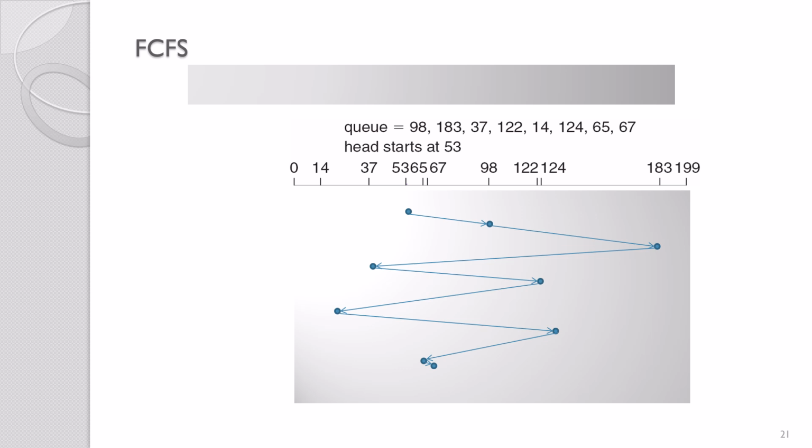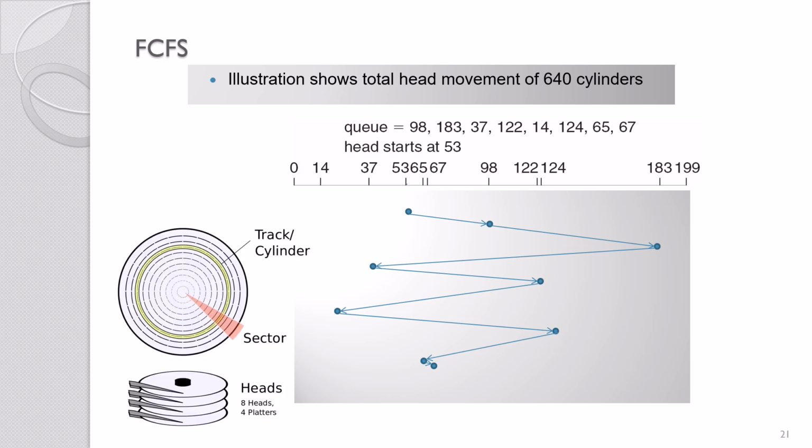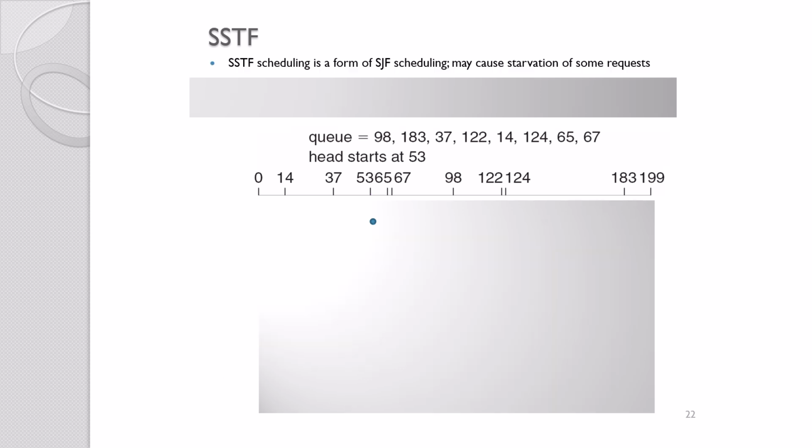Not only is it a lot of movement, if you added up the total head movement it is 650 cylinders, but it's also a lot of back and forth. So this is not going to be the most efficient way to get your data and go to the correct cylinder on your disk.